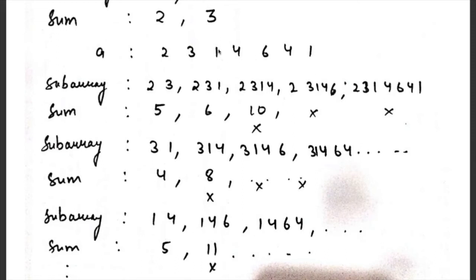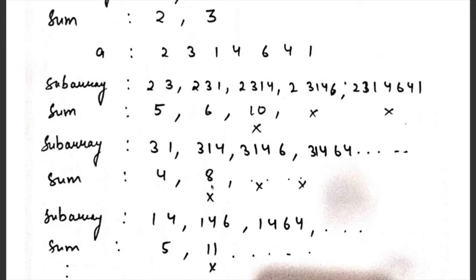Then we fix our third element and find all the subarrays related to this element. Then fix our fourth element, and likewise we calculate all the possible sums of subarrays and store which sum is possible and which sum is not possible.